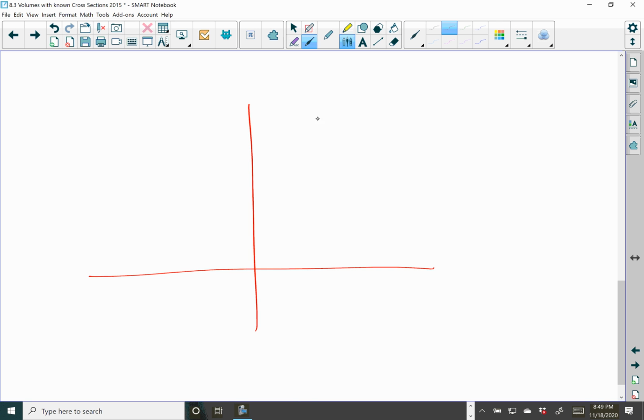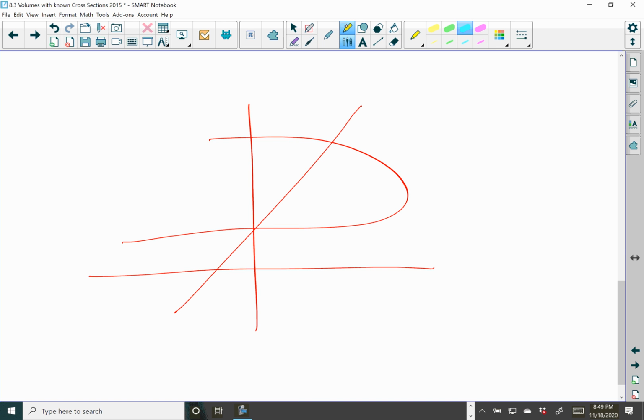Let's say we had some function there and then maybe some slab like that, so that we get a base going here of our function. And then maybe I'm putting semicircles in here. So they'd run in like this, right? And I have all these semicircles spanning that.